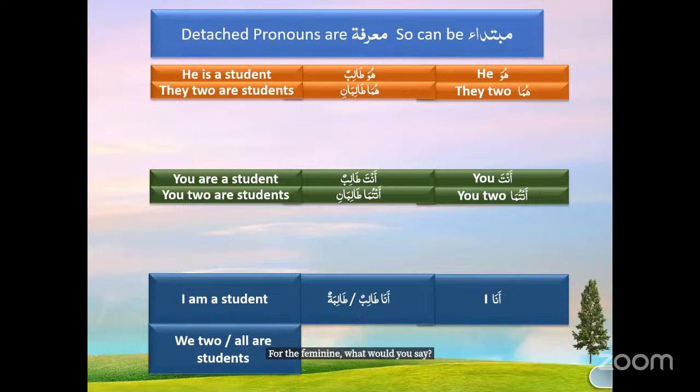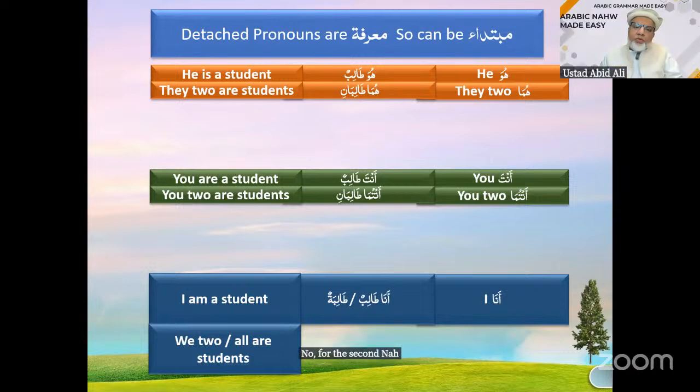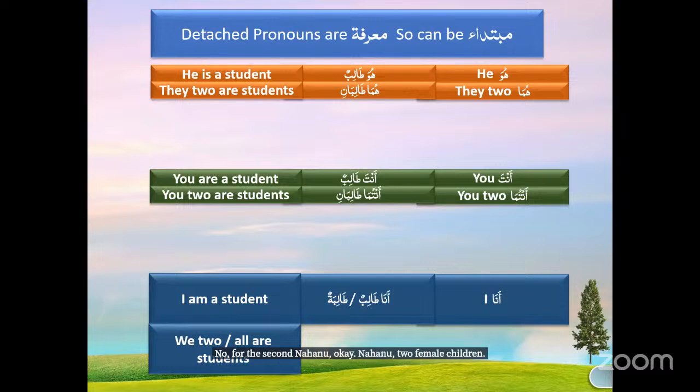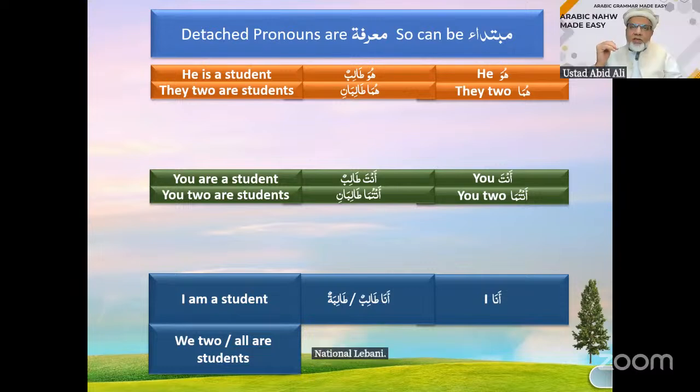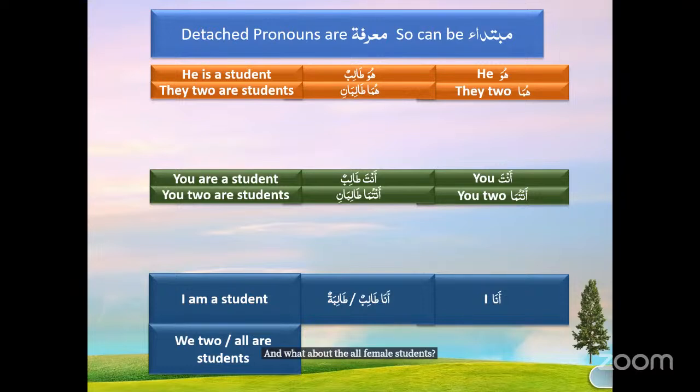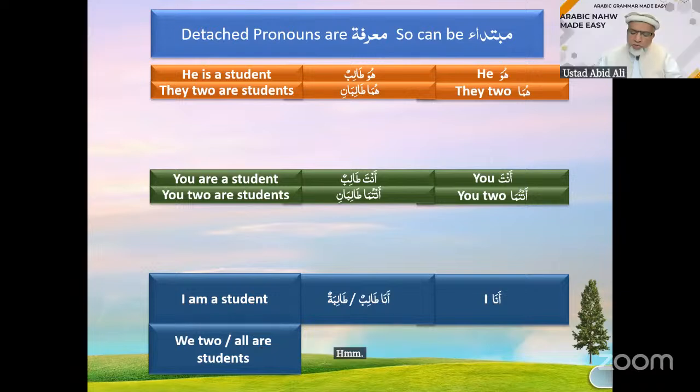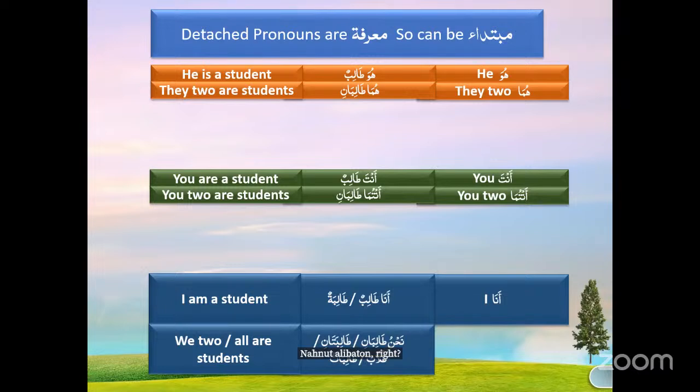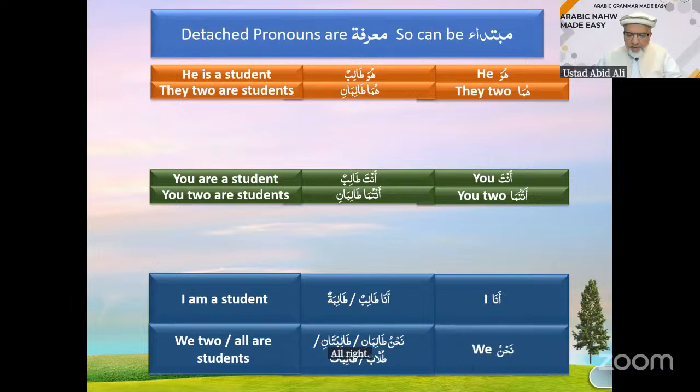It would be the same because for first person, nahnu is used for female too. Nahnu, two female students, talibatani. And what about we all, female students? Nahnu talibatun. Good, jazakallah khair. Nahnu is we.